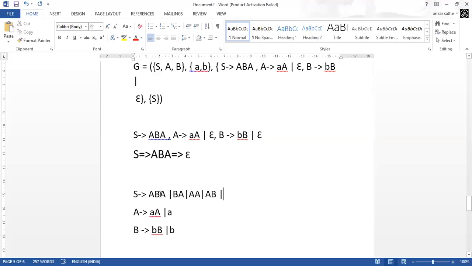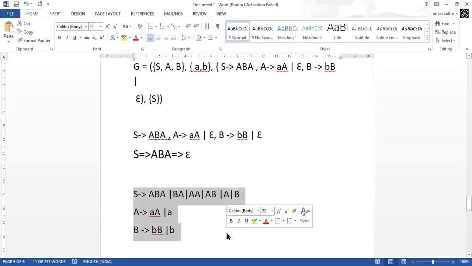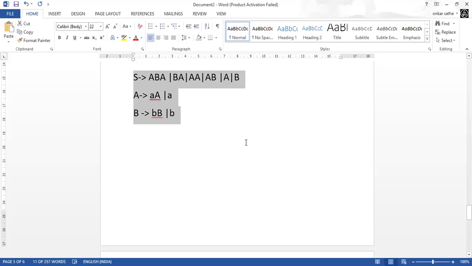Then for these two, A and B, we will substitute epsilon and we will add A. Similarly for this BA we will substitute epsilon and we will add the resultant A. A is already there, so no need to add it. And finally we will substitute this A as epsilon and this A as epsilon and we will add the resultant production B. So here is the resultant grammar after eliminating epsilon productions. Thank you.